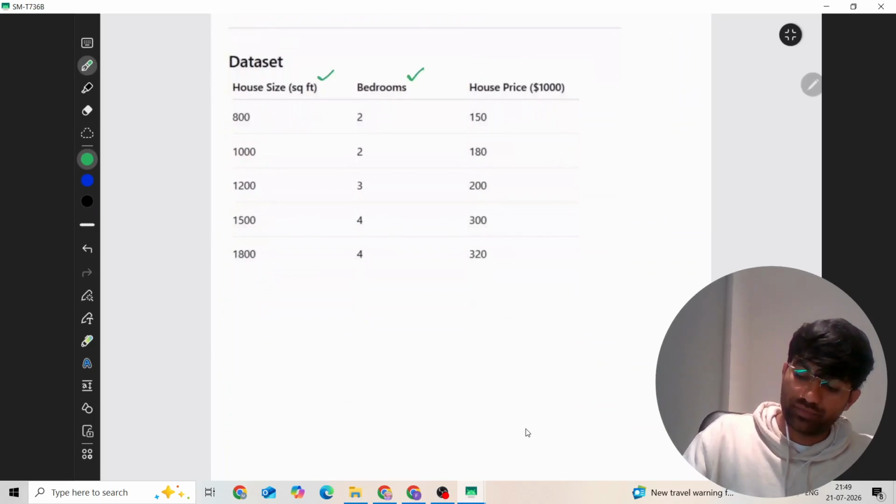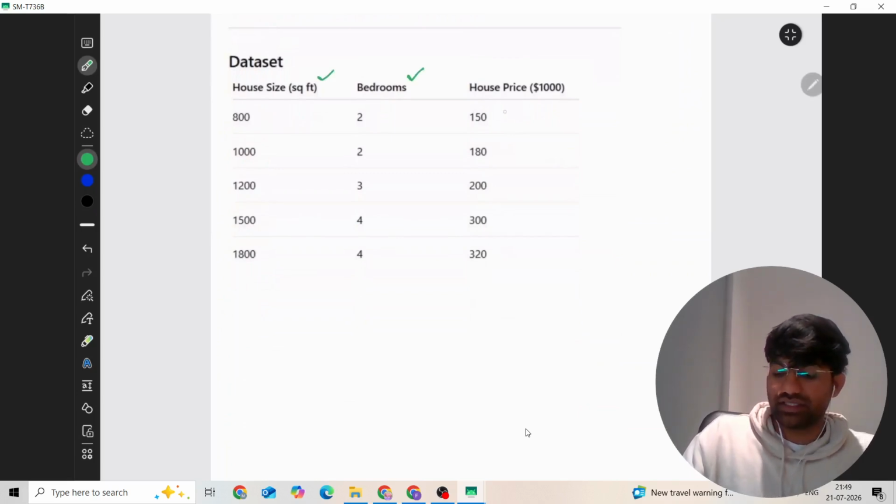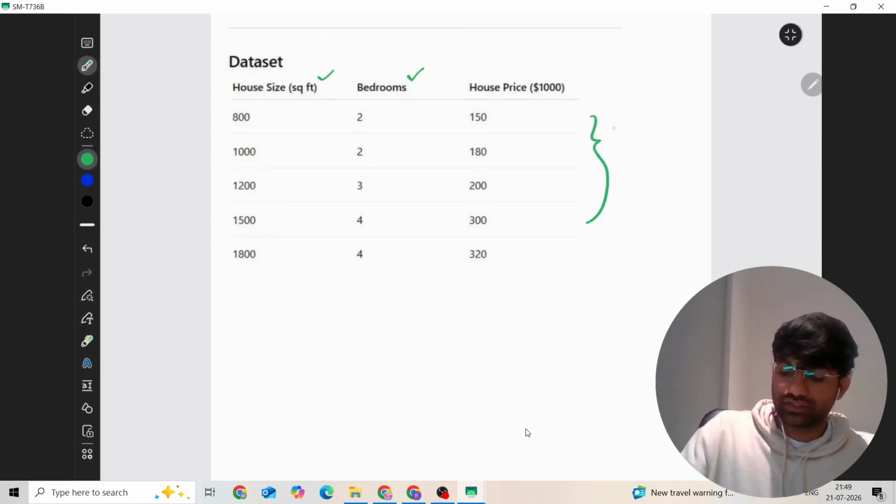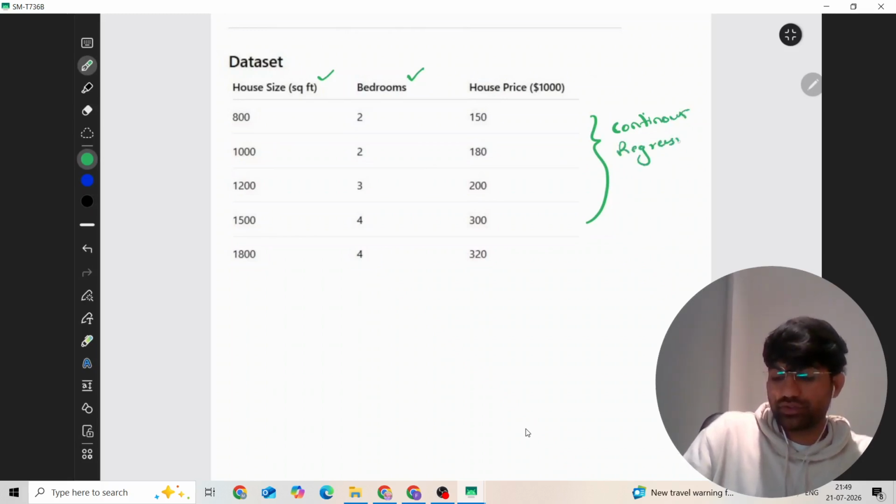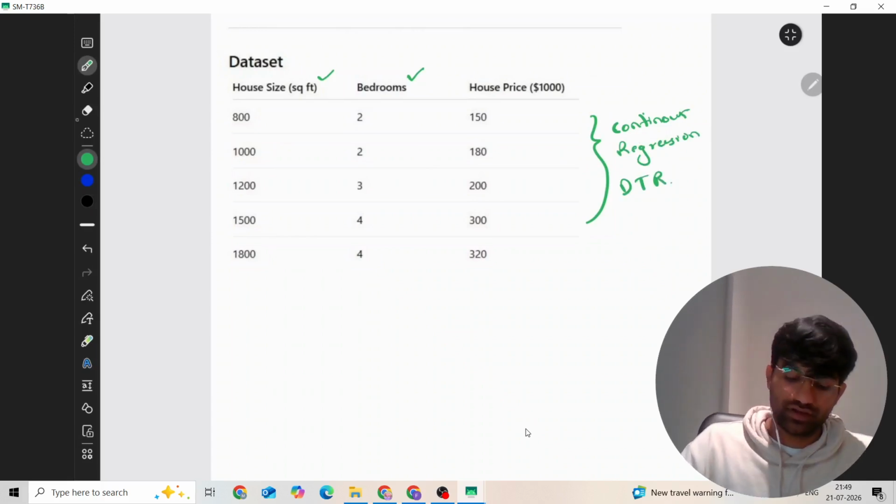We have to predict house price. See, here the value is not 1 or 2 or yes or no. This is not classification. This is price, a continuous variable. This is regression, so we should use decision tree regressor to find the values.